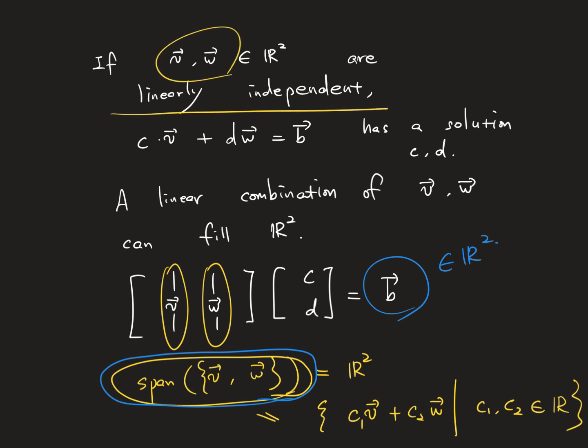So for an arbitrary vector B, we can find the weights c and d. In this case, the solution exists.